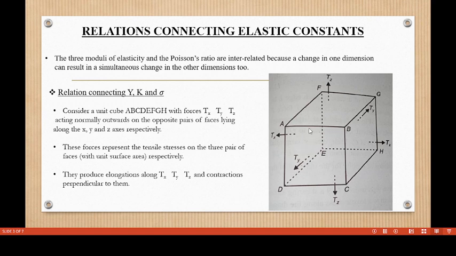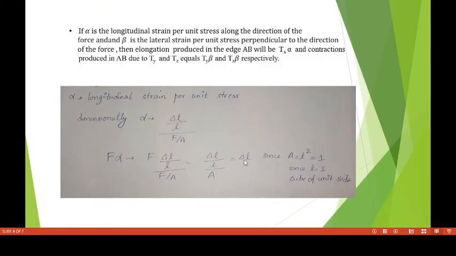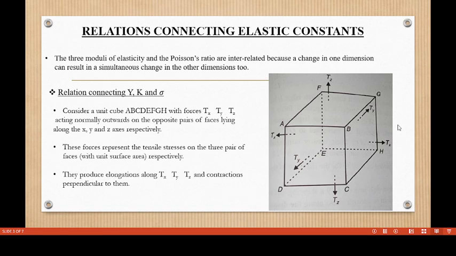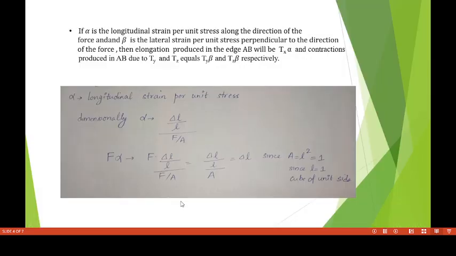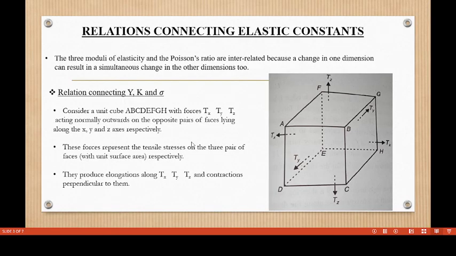So the original length of AB was 1 unit, and due to elongation, we have already understood that the elongation will be the force times alpha, that is Tx times alpha. So Tx times alpha gives the elongation, and the contraction is given by Tz times beta and Ty times beta.